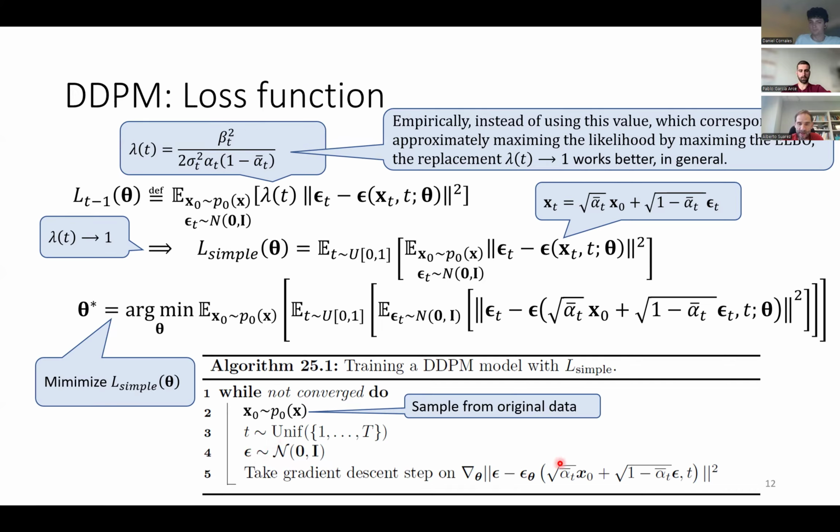Okay, and then you input this quantity, and this quantity is just x of t. Remember that we could go directly from x0 to x of t just by applying this formula with epsilon of t, sampled from a normal 0, 1 distribution in as many dimensions as pixels they have. Okay, so this is the output of your network.